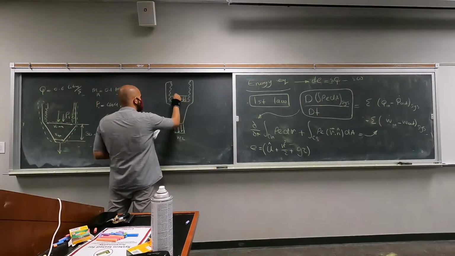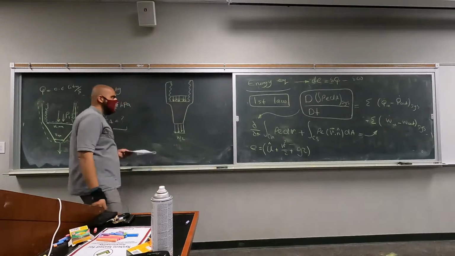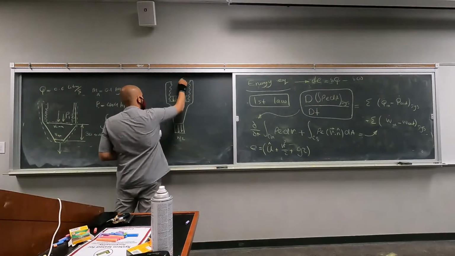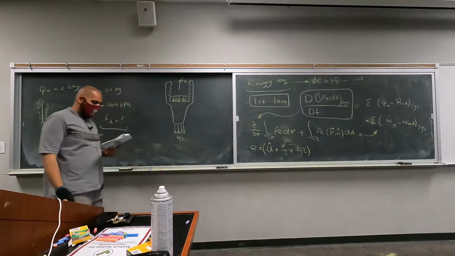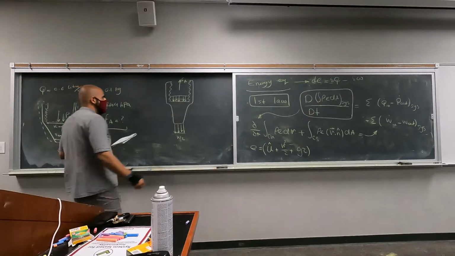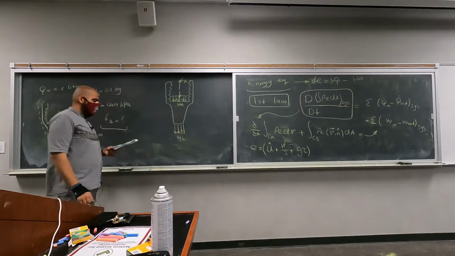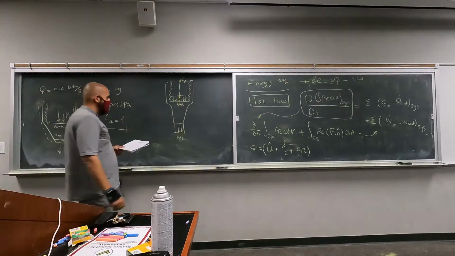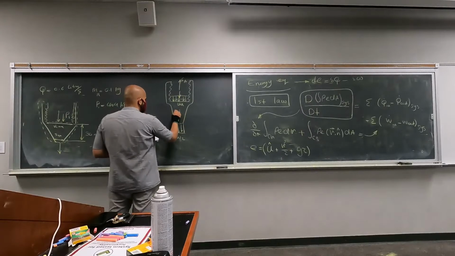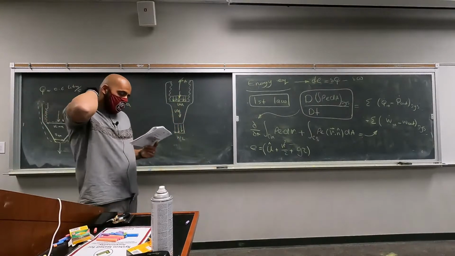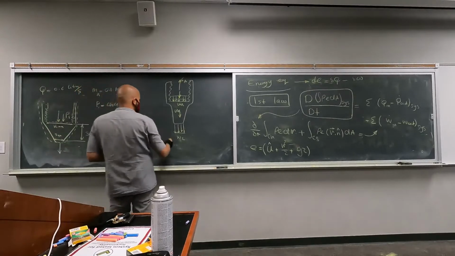So velocity is coming in. What are the forces that are present here? One is the anchoring force in this direction. One is the weight of the nozzle that is pushing the nozzle down. And we also have the weight of water inside the nozzle. These are the forces. We also have the pressure forces, right?